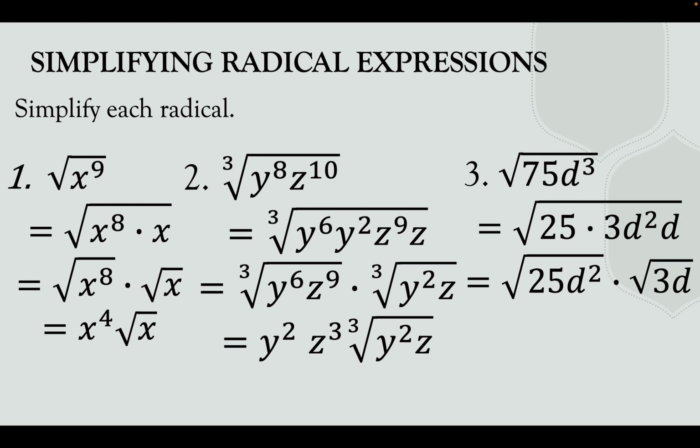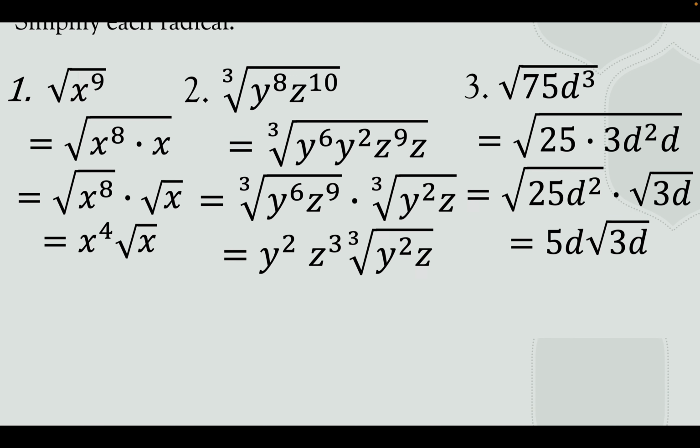So separate the terms that can be simplified and the terms that cannot be simplified. So we have square root of 25 d squared, so the square root of 25 is 5, and square root of d squared is d. And then the remaining terms in the radical, we have square root of 3d. So we have the final answer, 5d square root of 3d.